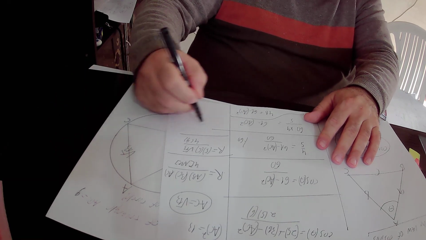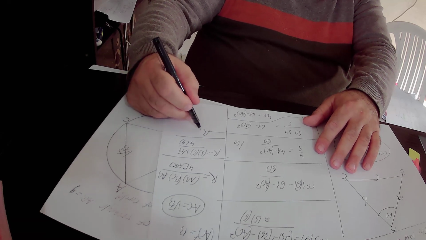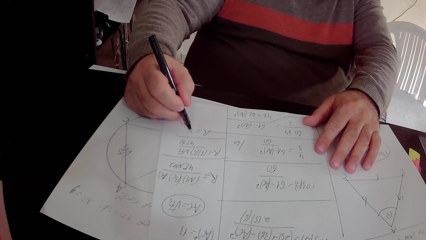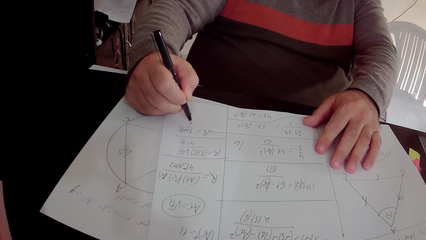So in conclusion, the radius equals 5 times 6 is 30 times square root of 13 over 36.